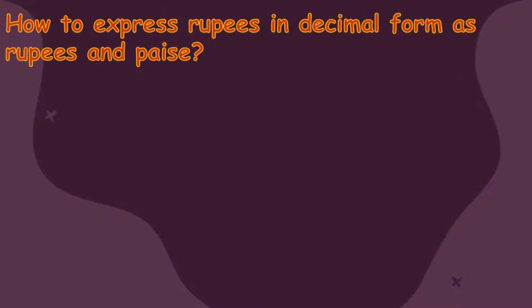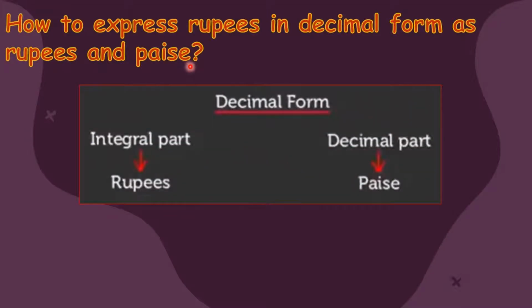Let us learn how to express rupees in decimal form as rupees and paise. While writing the given rupees in decimal form, we write the rupees as the integral part, that is the whole number part, and the decimal part will be the paise. So let us look at this example.